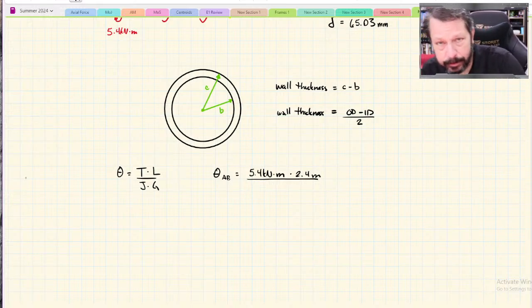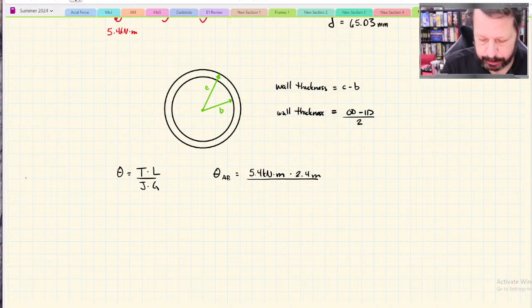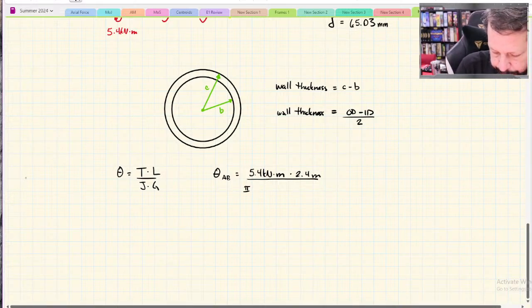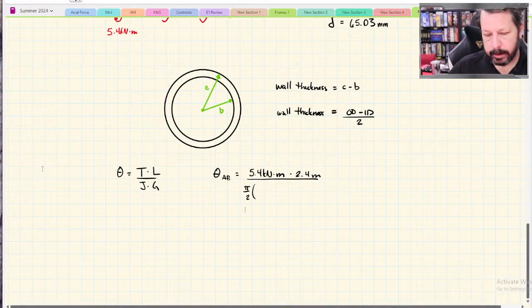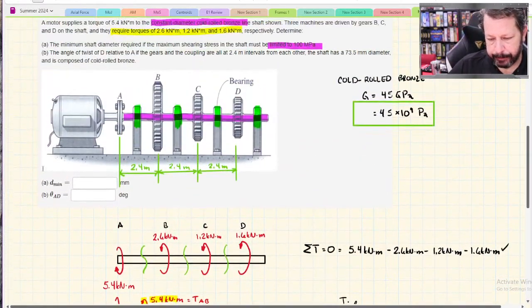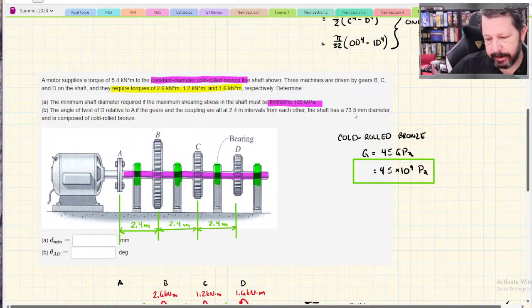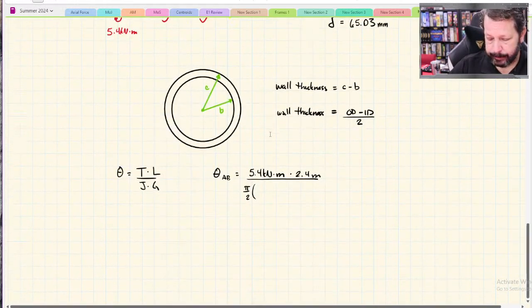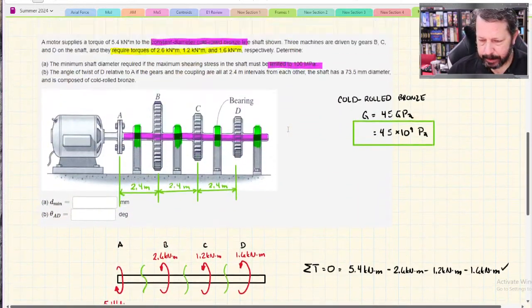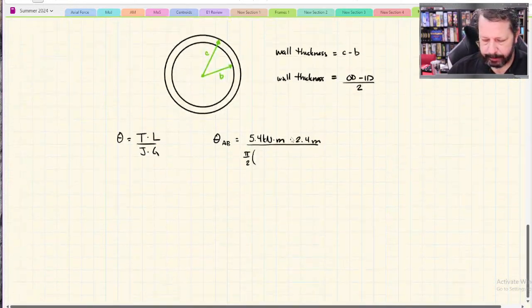I'm going to write it out, though, in long form so that we don't miss any steps. Let's do pi over 2 times c to the fourth, they gave me a diameter, I believe. Yes, they gave me a 73.5 millimeter diameter, so c is a radius. What was it? 73.5.